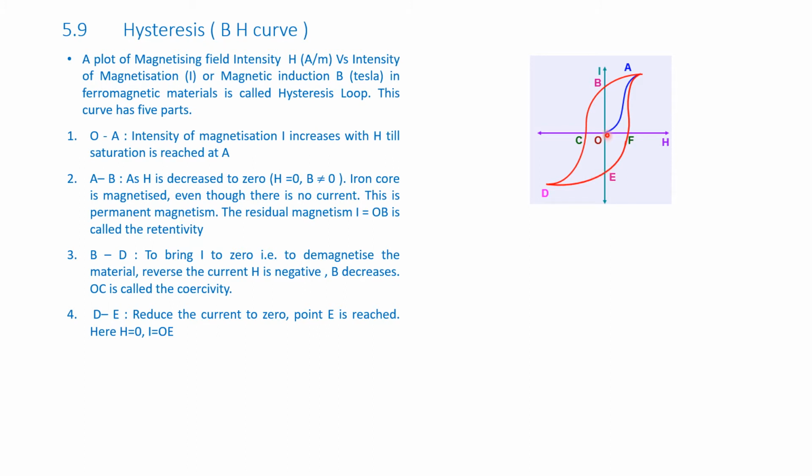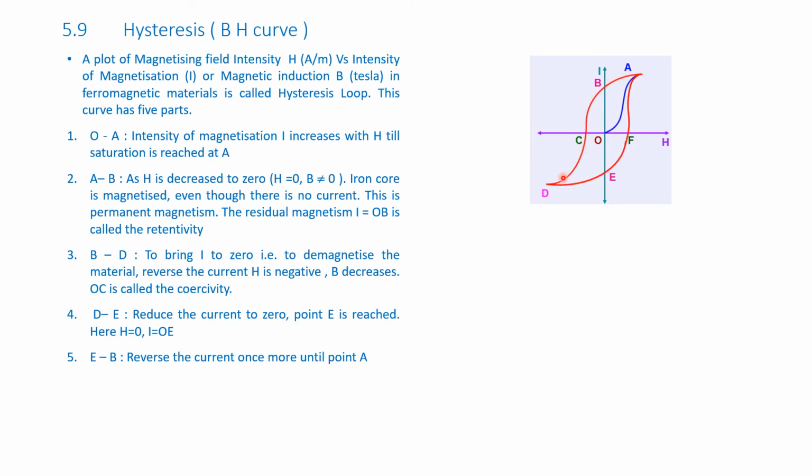H is equal to 0 here, and I is equal to minus OE. Then again we increase the current from positive. It reaches the point F and it ends at point A. That is, we started with 0 and reached up to the saturation point A. Then we reverse the current in the negative direction.